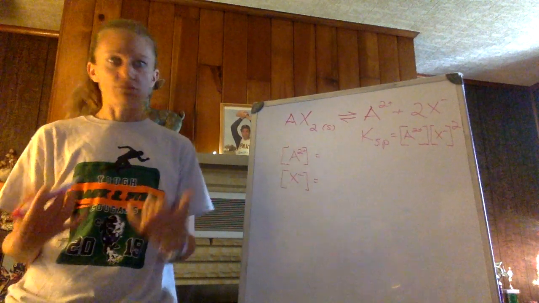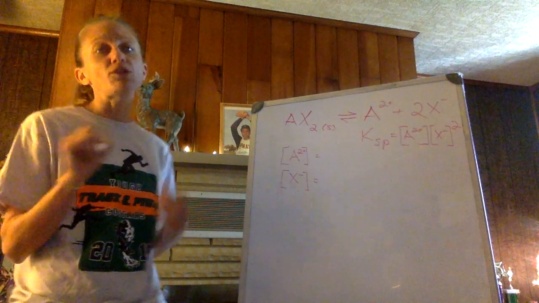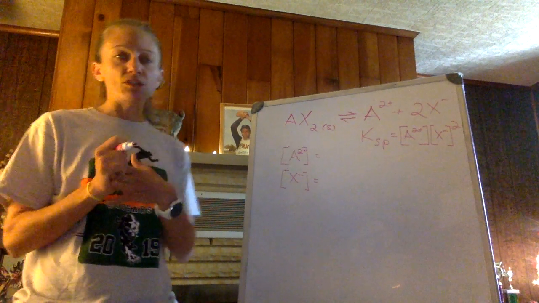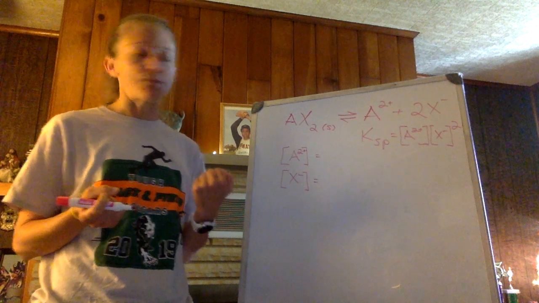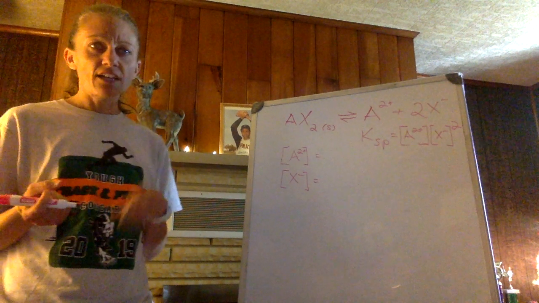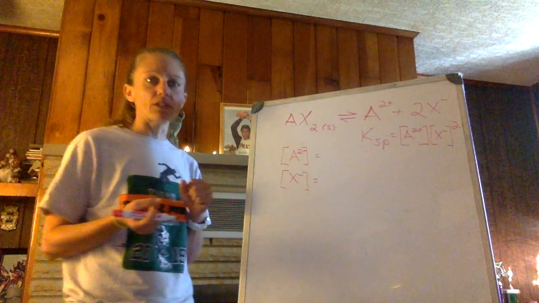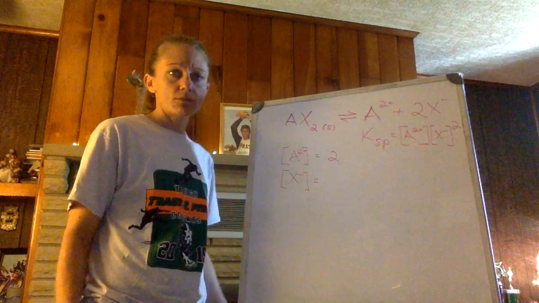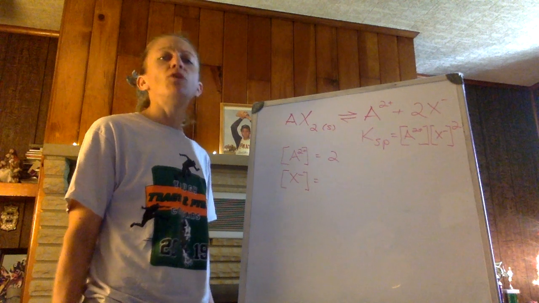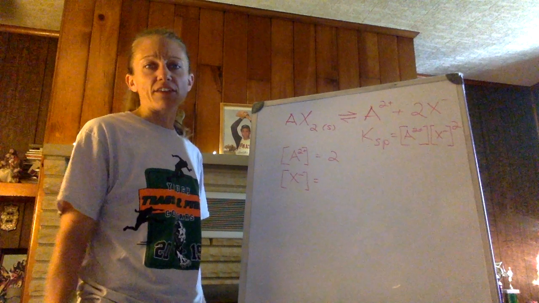Here's the one tricky thing. If I tell you, and these are completely made up numbers, because they would be like 1 point something times 10 to the negative something, that A has a molar solubility of 2 moles per liter, which is an awful lot.